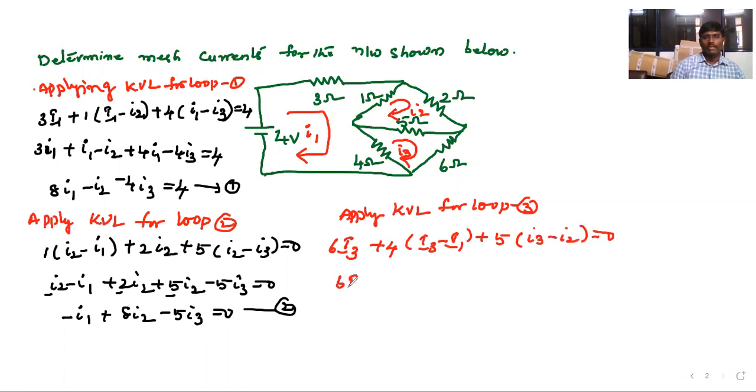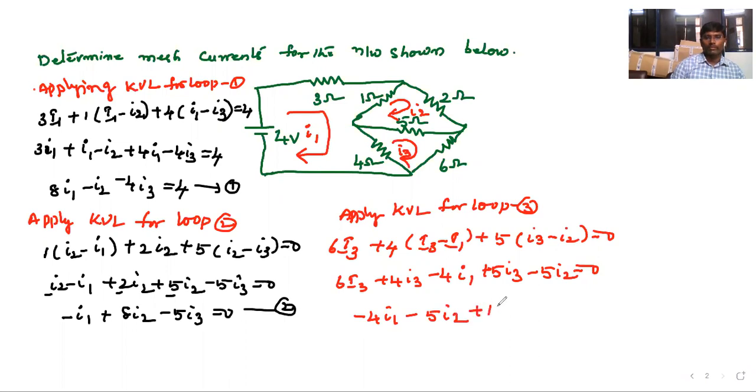From this we get 6 I3 plus 4 I3 minus 4 I1 plus 5 I3 minus 5 I2 equal to 0. Capital I1 and small I1 are both the same, don't confuse them. From this we get minus 4 I1 minus 5 I2 plus 15 I3 equal to 0.